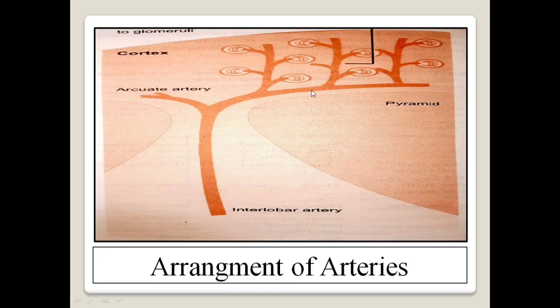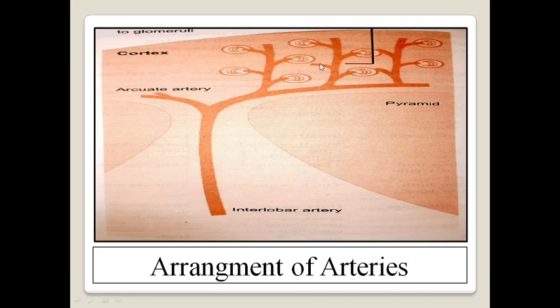What happens to this arcuate artery again? This arcuate artery gives a series of interlobular arteries. So these arteries are interlobular arteries. This was the interlobar artery, and these are the interlobular arteries.